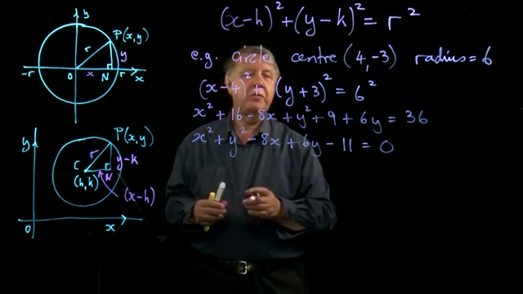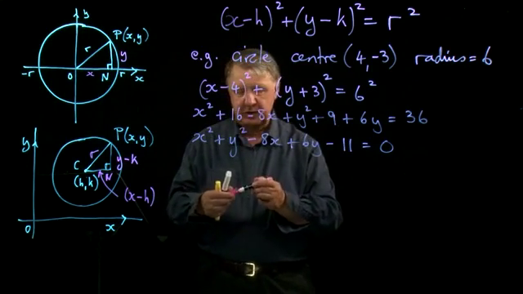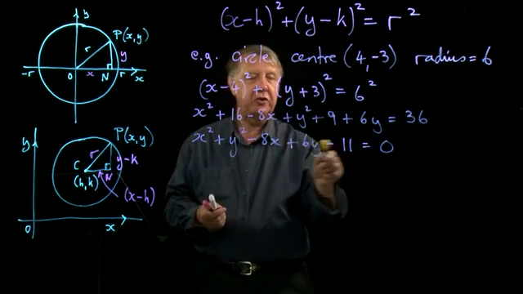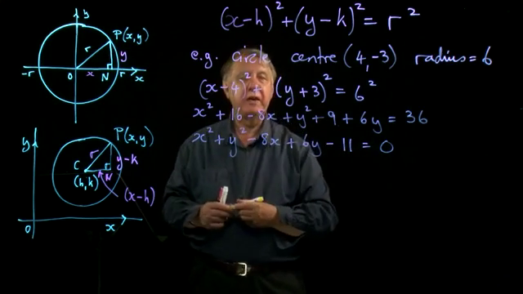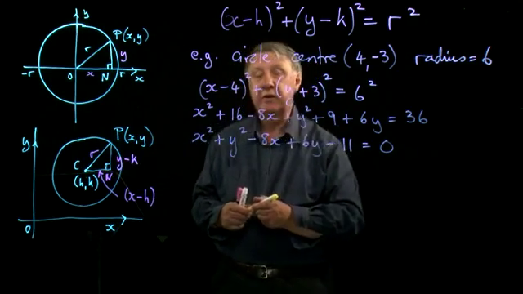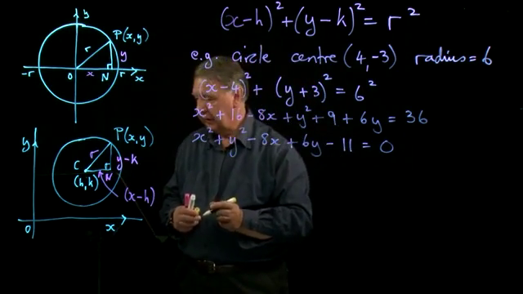Now, sometimes you might be asked to do this in reverse. So they may give you the equation like this and ask you for the centre and the radius of the circle. So let's go for an example.